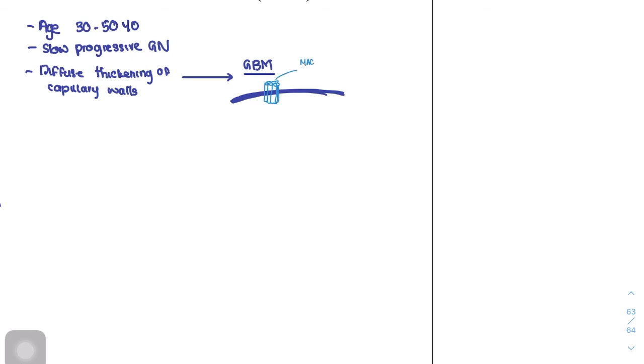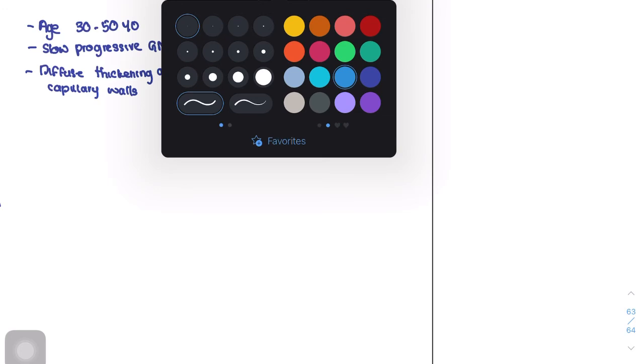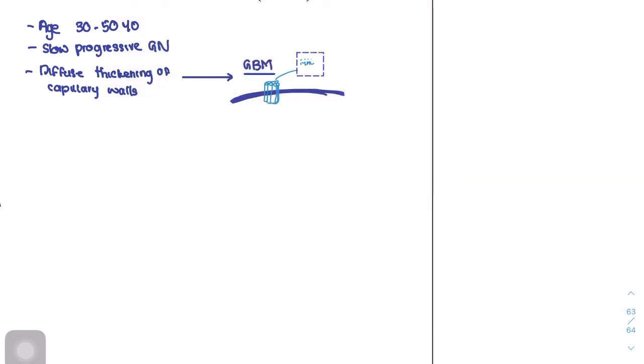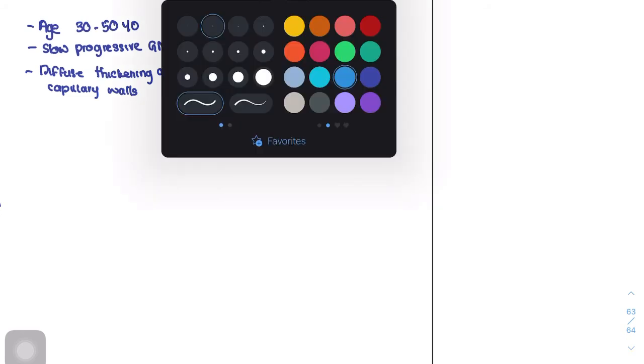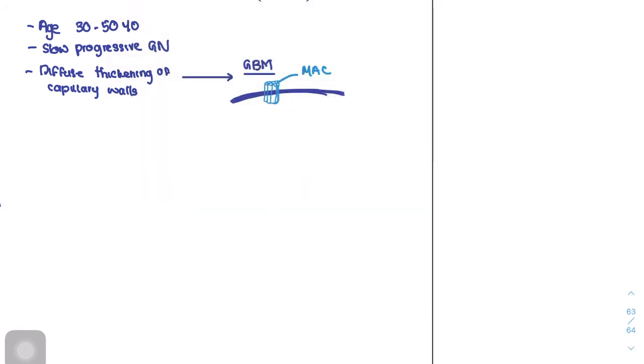This is the MAC, the membrane attack complex. These will come and deposit.